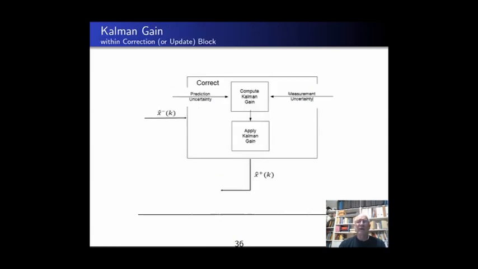If we blow up that block, you'll see the previous estimate coming in, and then we compute the gain at the same time using the prediction uncertainty and the measurement uncertainty, and then we apply that Kalman gain to the residual, and that's how we get our updated estimate.